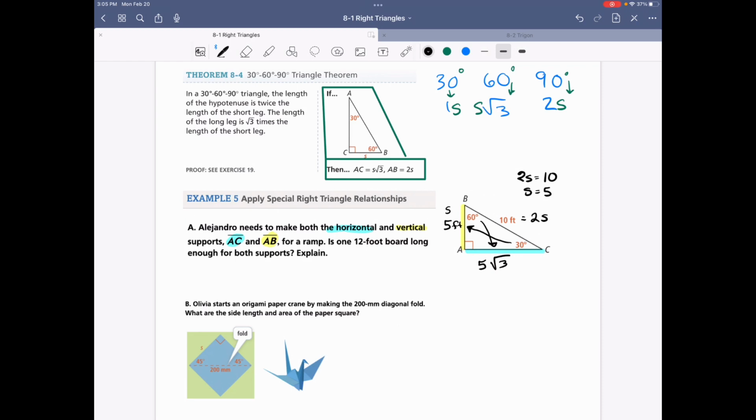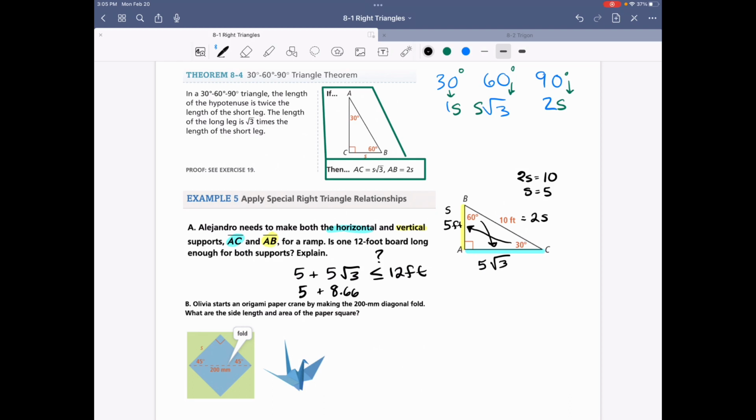Now I need to know what 5 square roots of 3 is, because we need to know if 5 plus 5 square roots of 3 is less than or equal to 12 feet. So that's my question. So let me use my calculator and figure out what 5 times the square root of 3 is. The square root of 3 times 5 is 8.66 approximately.